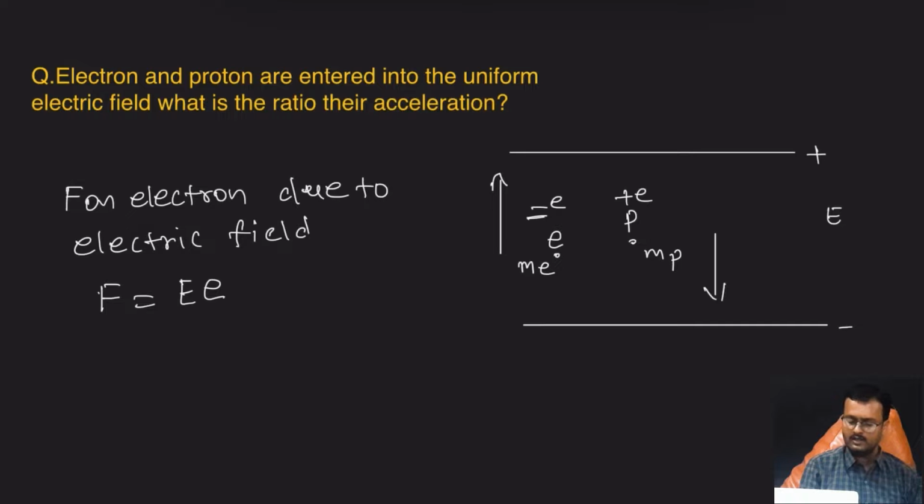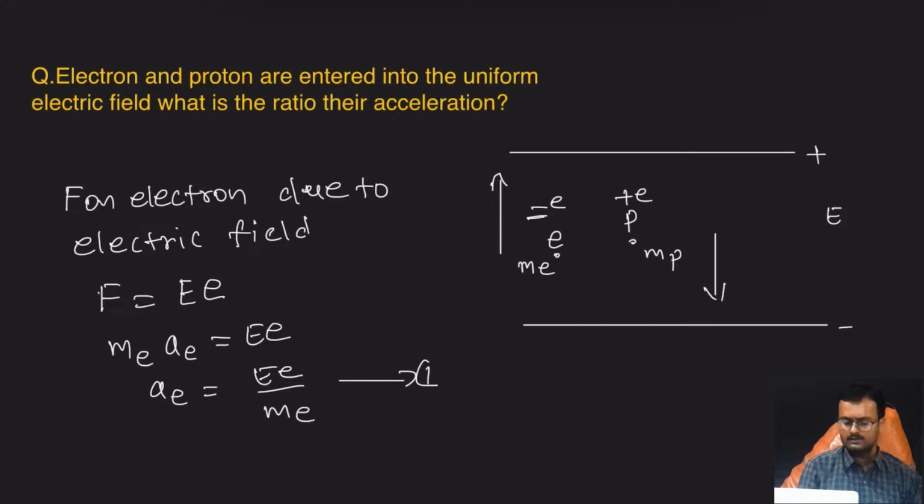According to Newton's second law, F is equal to ma. Mass of electron is me and acceleration of electron is ae. So that is equal to E into e. So acceleration of electron is Ee by me. This is equation 1.